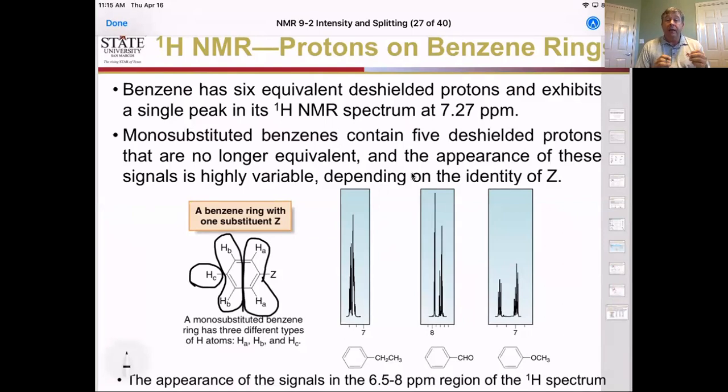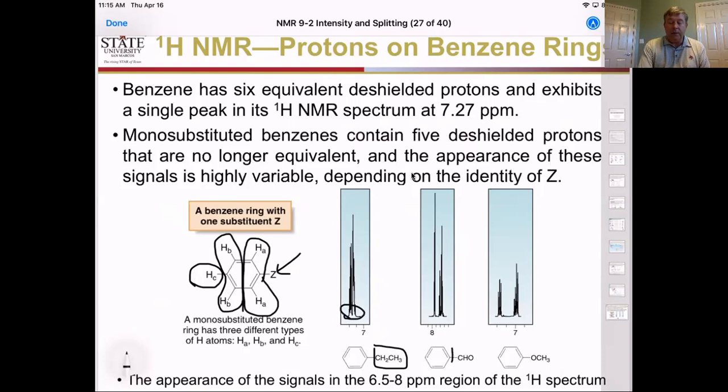Now, depending on what Z is, on how electron donating or electron withdrawing it is, it'll change which peaks are shifted up and down, and so you get a very complex pattern. And it varies with that. So if you look here with something like carbon, which doesn't donate or withdraw very much at all, they're kind of clumped together fairly closely, and we really can't tell the difference.